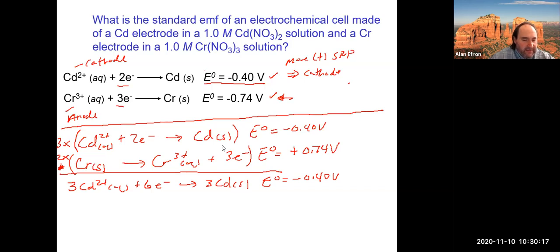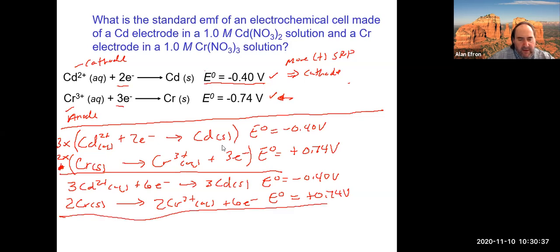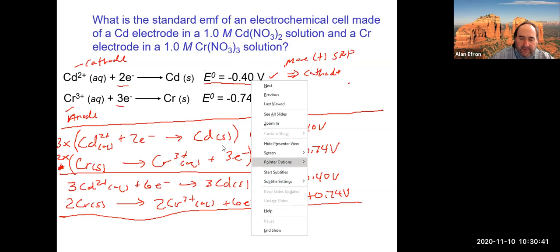We're also going to distribute that 2 to the bottom guy, going to give us 2 chromiums going to 2 of our chromiums with a +3 charge and 6 electrons. Again here, even though we multiplied by 2, it will have no effect on our E value. We are now actually ready to add these guys together.